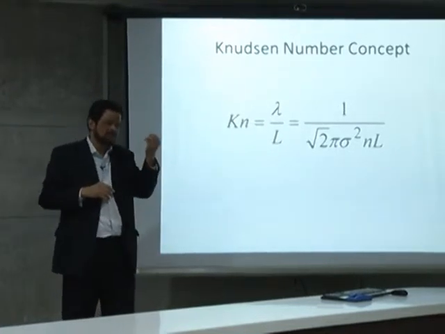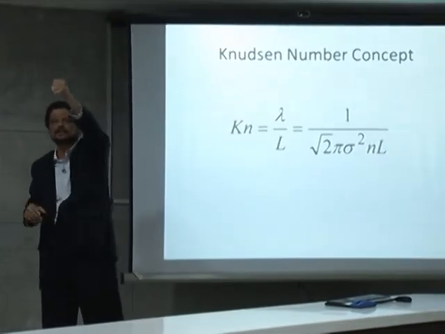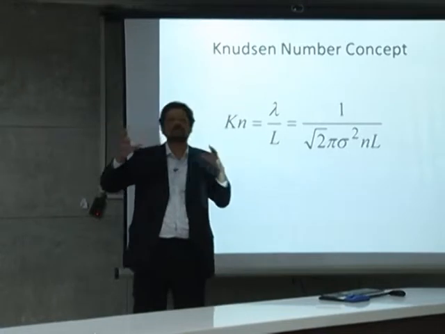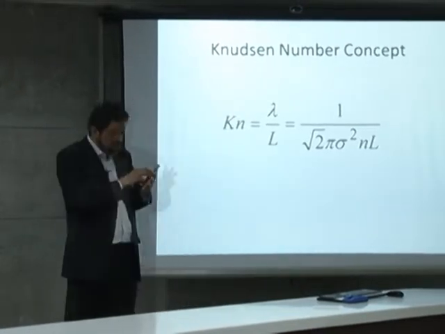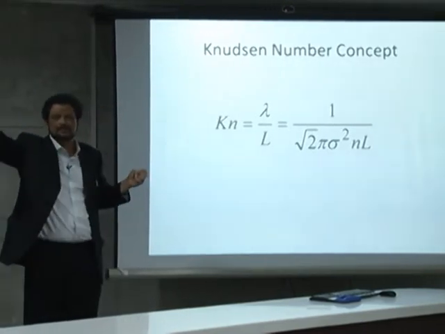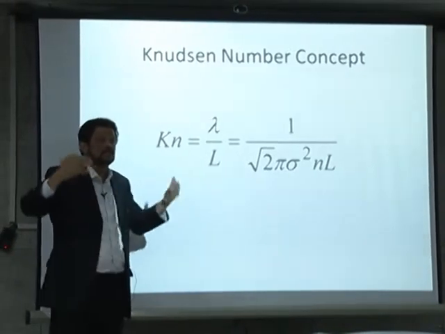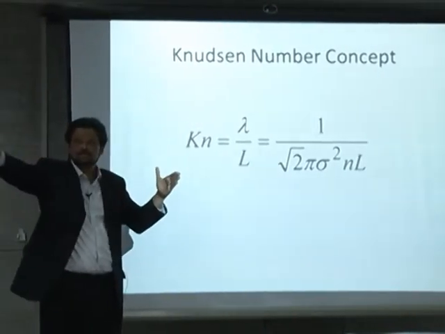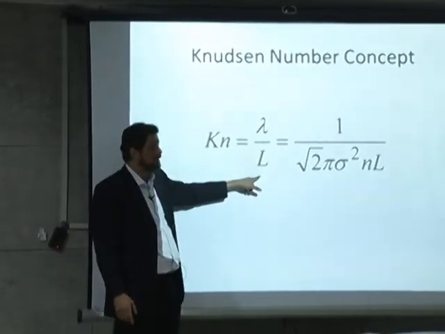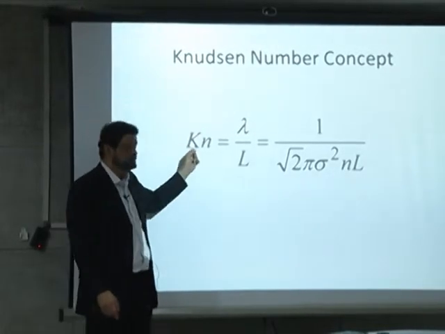After all, the ball is of fairly small volume, and it has to travel a certain distance to hit the other ball. So if you think of this situation where there are 100 balls and once in a while they hit each other, how much distance on the average does a ball have to travel so that it will hit some other ball? That distance divided by the size of this room, for example, the length of this room, L, this lambda over L, is the Knudsen number.